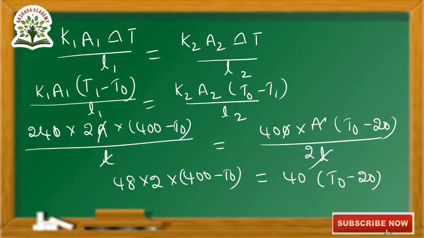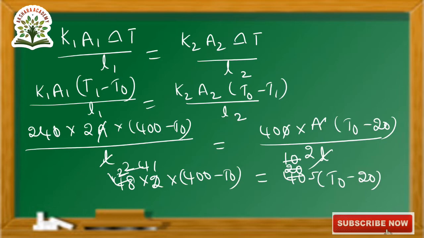Again here we are cancelling: 48 into 2 is equals to 40 and then 12. Here 2 ones are 2, 20s, and again cancelling, 2 10s are, 2 2s are, 2 4s are. So total again 2 5s are, 2 12s are.